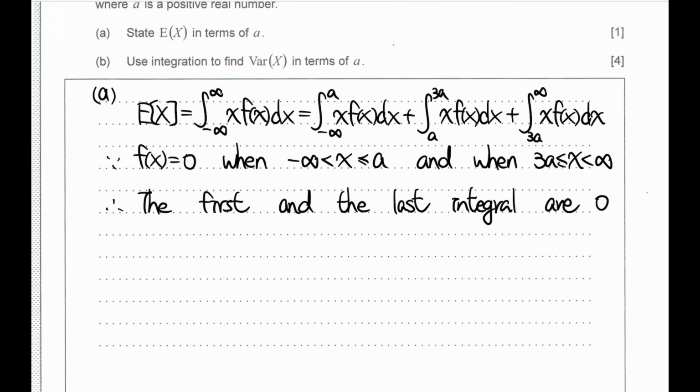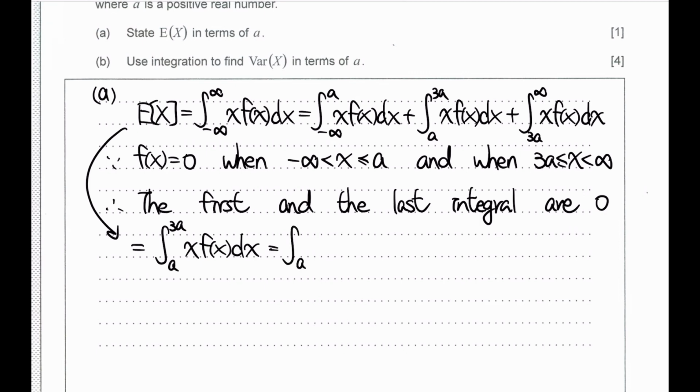So the expectation of x is equal to the integral from a to 3a of x times f of x dx. But in this interval, the function f is just a constant 1 over 2a.